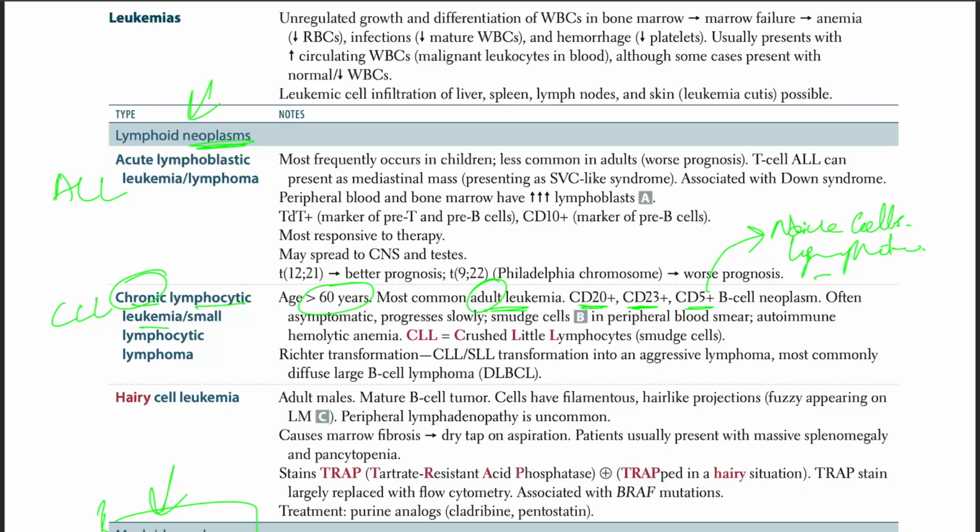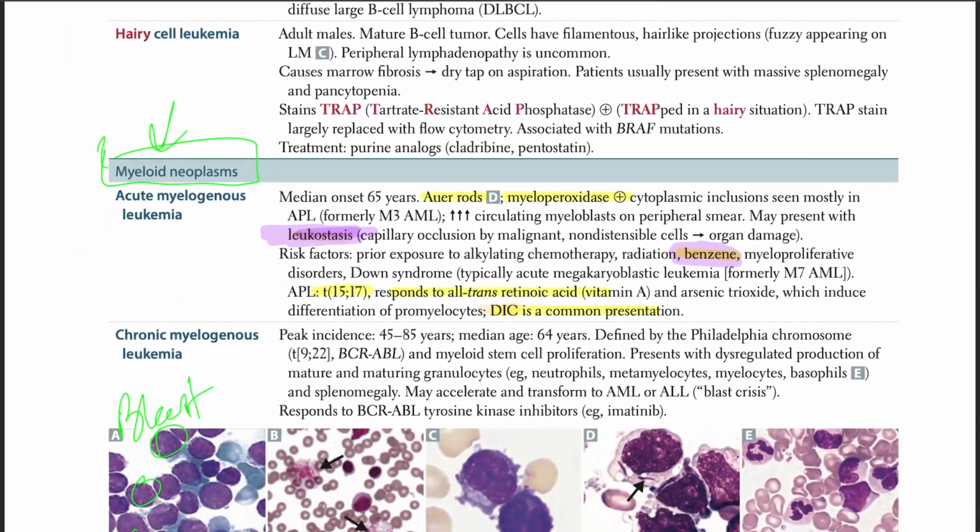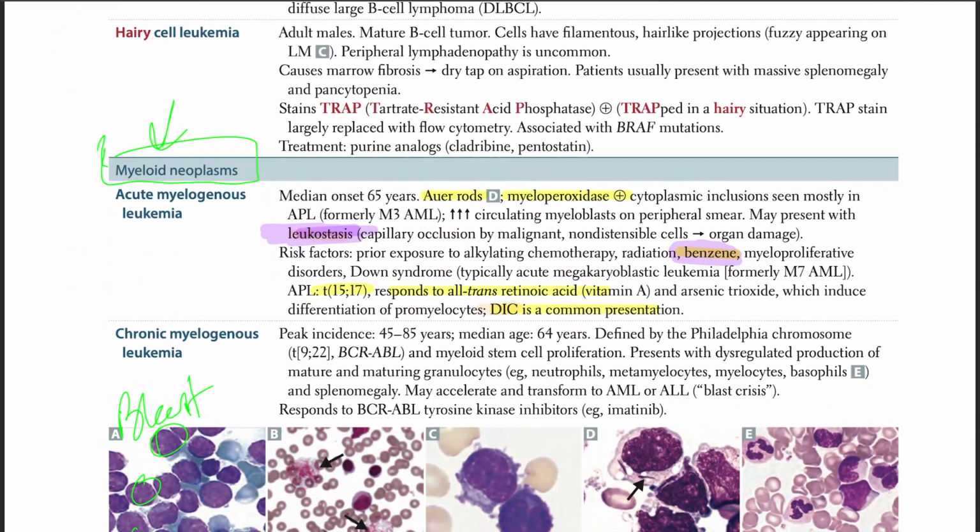Okay. Then you have often asymptomatic. Now this thing is asymptomatic. It has a slow progression. Smudge cells are seen in the peripheral blood smear, which is shown in picture B. Let's look at smudge cells. These are the smudge cells.